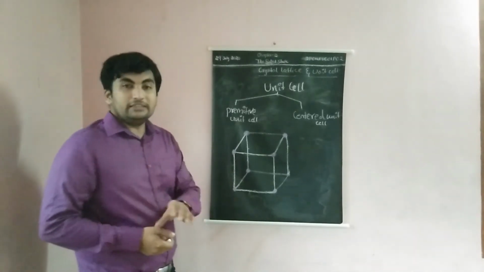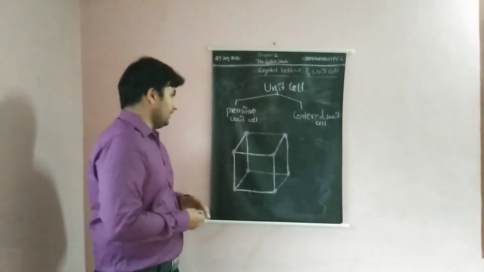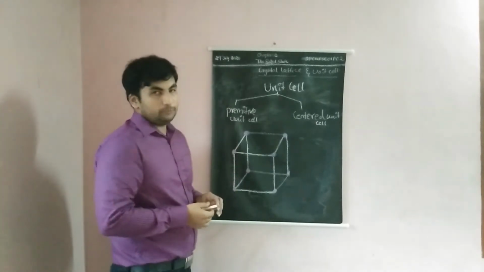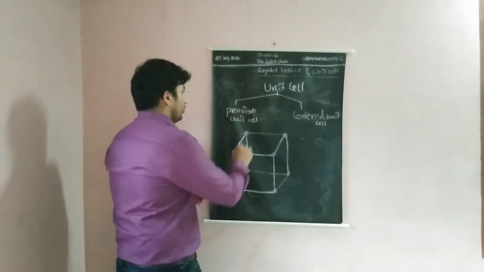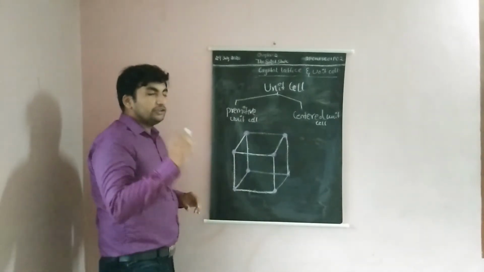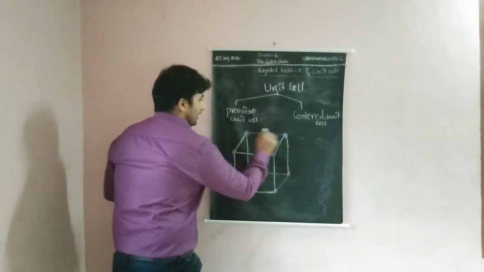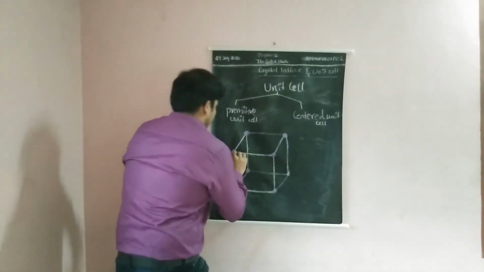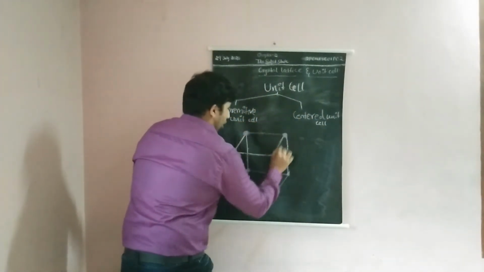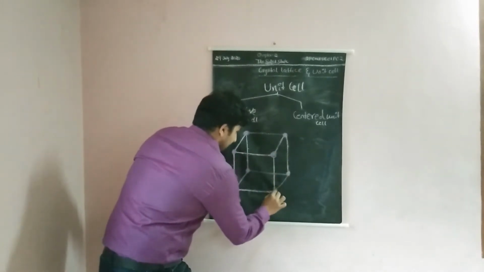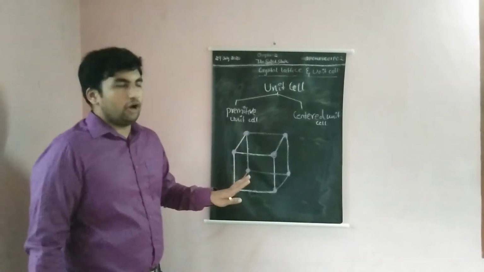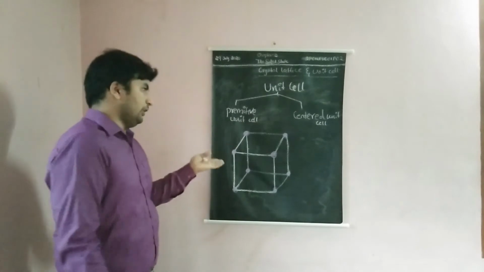If you consider the simple unit cell, as I told, there are 8 lattice points or 8 corners. In a primitive unit cell, the constituent particles are present only at the corners or lattice points. That atom or molecule or ion occupies corner positions only. That type of unit cell is called a primitive unit cell or simple unit cell.